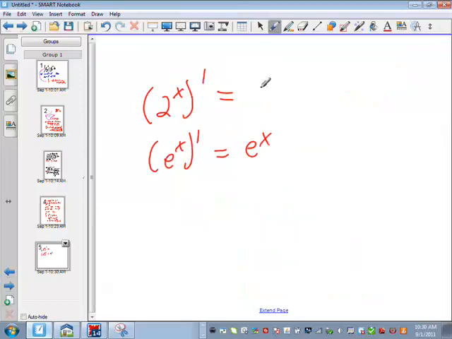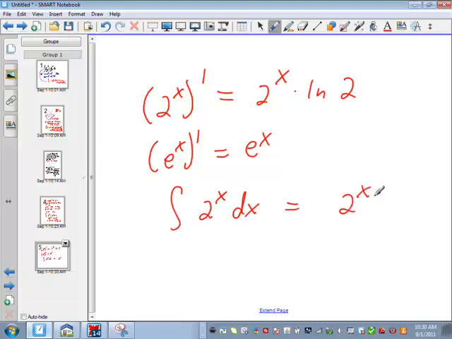The derivative of 2 to the x is 2 to the x times the natural log of 2. Given that, the antiderivative of 2 to the x is 2 to the x, of course, if this is the inverse operation of this, you're not multiplying by the natural log of 2, but you're going to do what?